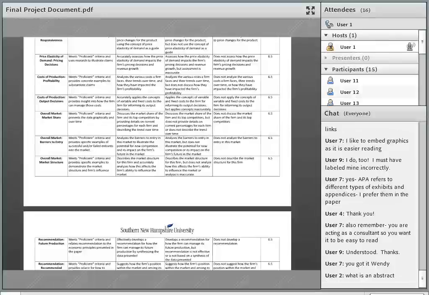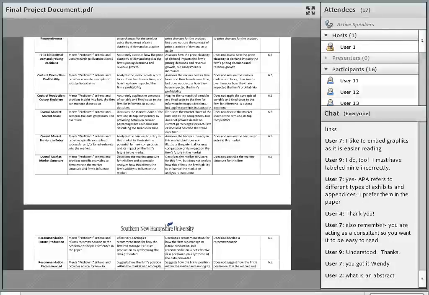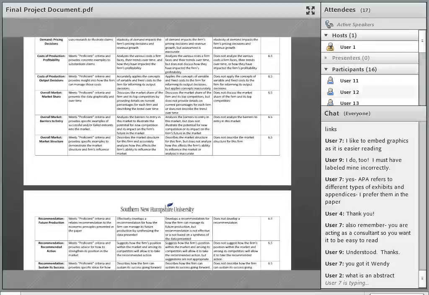All right, so we've just got a couple more minutes. The overall market structure, again, this is one where you're going to provide some specific examples to demonstrate the market structure and the firm's influence. So that might be an example of when the firm did something that influenced the overall market, if they're in that kind of a market, or other examples that prove that the market structure is the structure that you've identified it as.